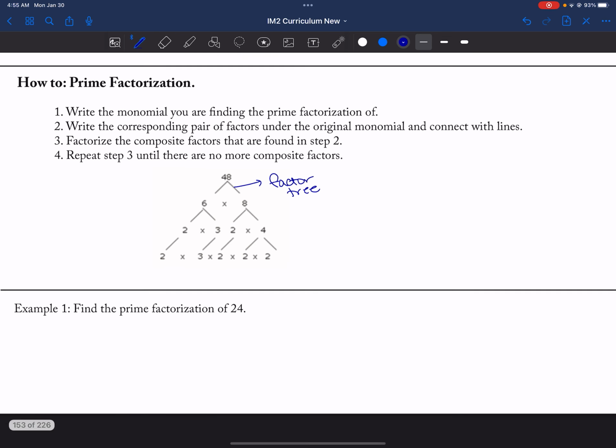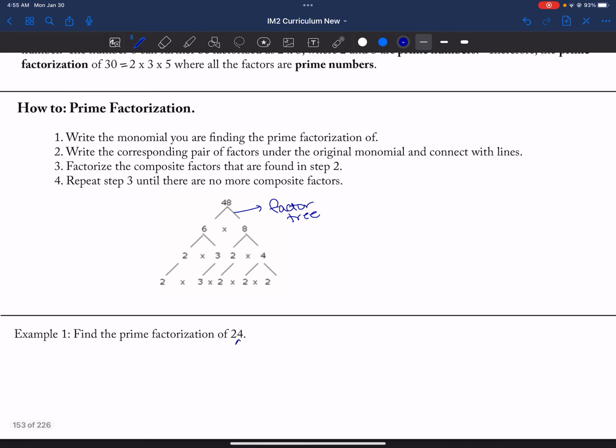Okay, and how do I find the prime factorization of 24? So what you'll notice is I like to divide by prime numbers and then leave my composite number on the other side. So this is 2 and 12, 2 and 6, 2 and 3. And then typically I do like to divide by 2 first if I can. In a lot of ways, sometimes I don't follow that rule.